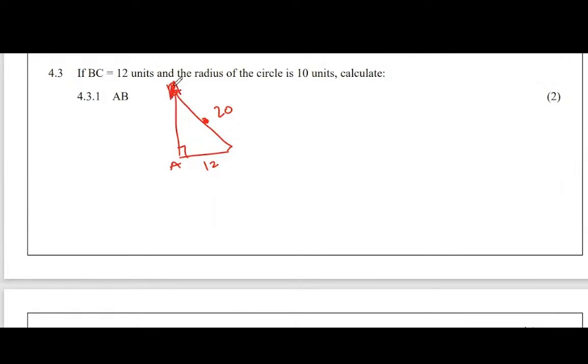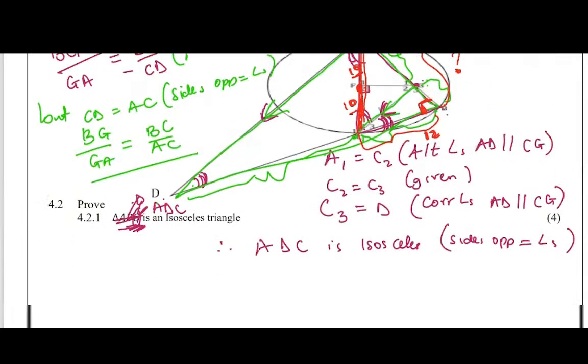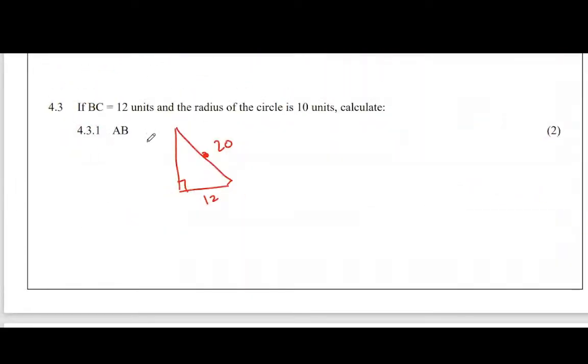Call this A, call this C, call this B. This is 12. I'm switching it around, guys. The diameter is AC, if I'm correct. So this is AC, and then this is B. Okay, so this is what we need.